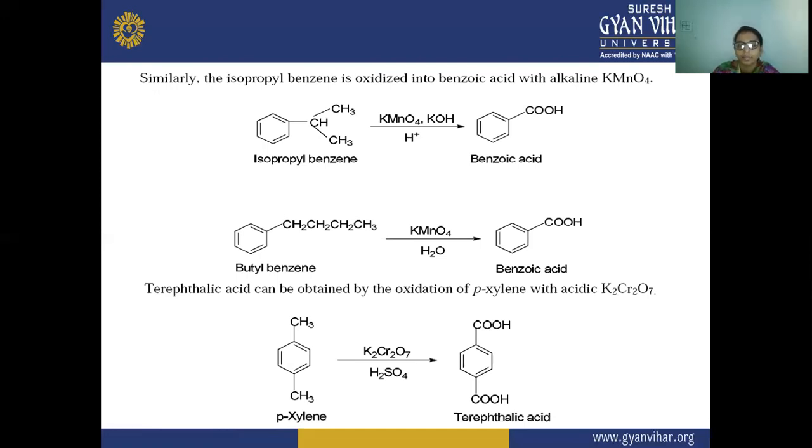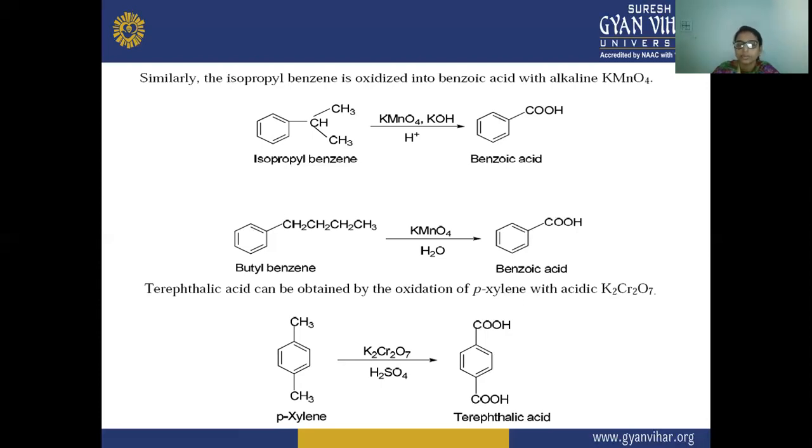So this alkyl benzene is also oxidized, or converted, in the presence of KMnO4, potassium permanganate, and KOH, potassium hydroxide. And this H positive ion, the proton, is also used here. After that, this benzoic acid is formed here.